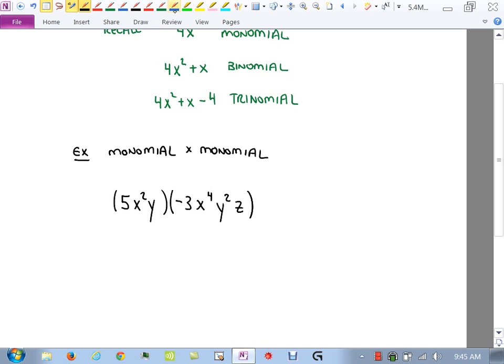So I want to first point out the monomials. The parentheses separate these. You could look at the 5x squared y as a single term, and then over here is a single term. But they are not separated by addition or subtraction. They're being multiplied. That's what the parentheses mean. Multiply the two together. So there is an implied multiplication in here.